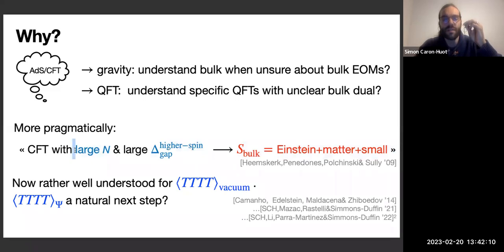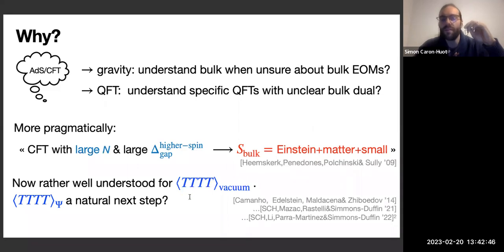This story is now something that we understand rather well for the 4-point function of the stress tensor in the vacuum of a CFT. We understand, for example, that in a theory with these two properties, this 4-point function cannot differ significantly from the prediction of Einstein's theory. We have rigorous bounds on the departure. I will be happy to discuss this more after, but from these two assumptions alone, we can bootstrap this correlator and show that the bulk theory has to be close to Einstein's theory.